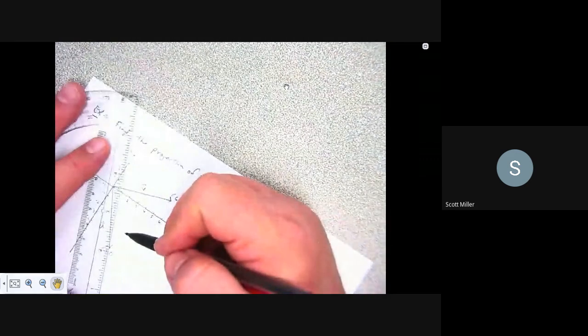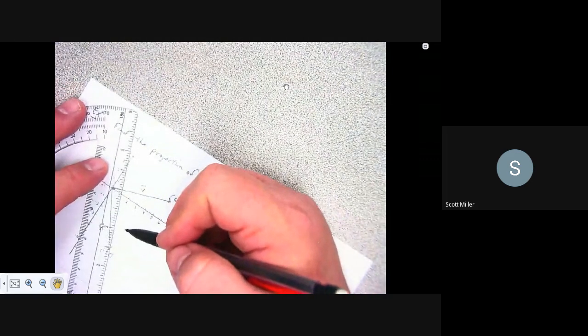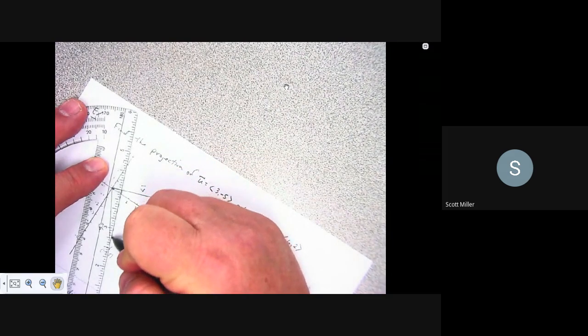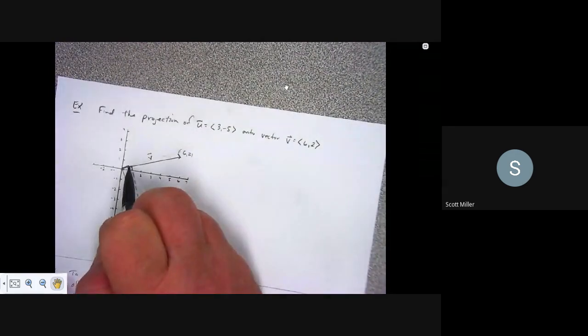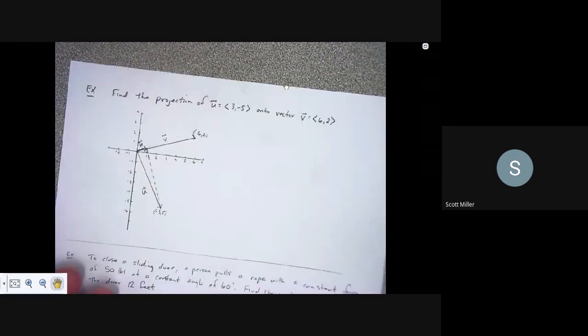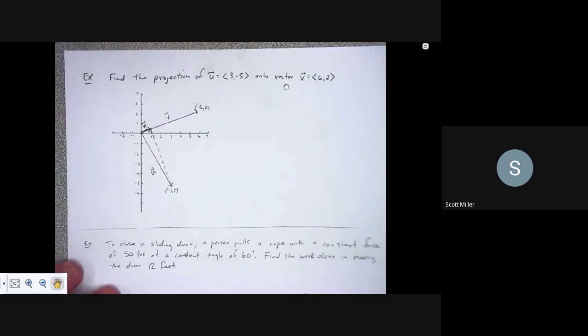So from this point, negative 3, 5, draw the perpendicular from that point to the vector v. And that produces the endpoint of the vector you're looking for. So I'm looking for that one. That is the projection of u onto v, a very small piece.